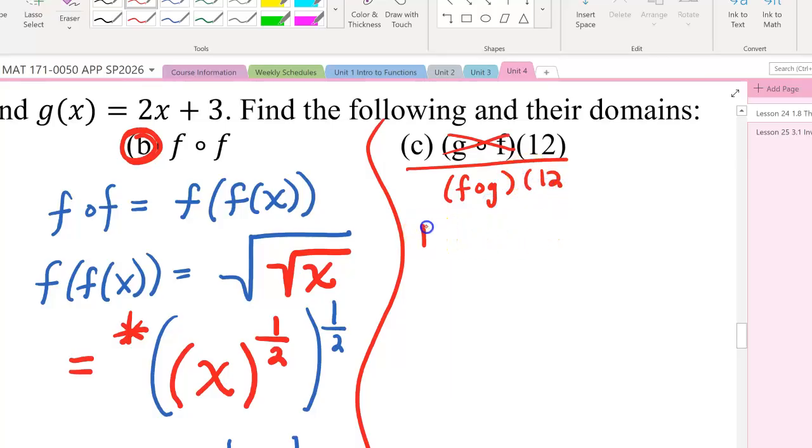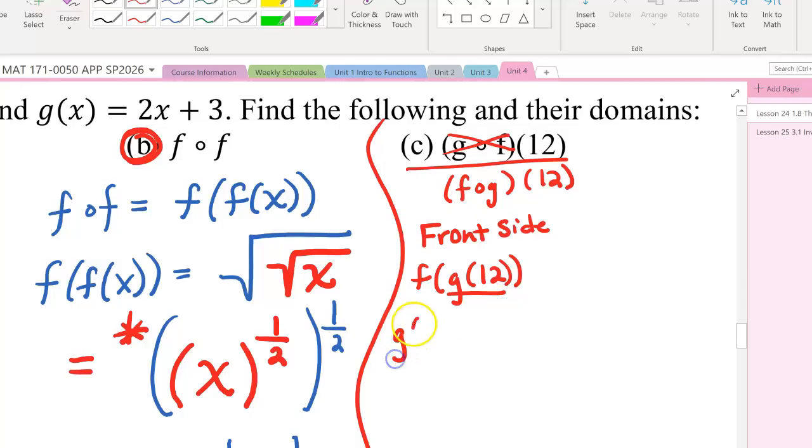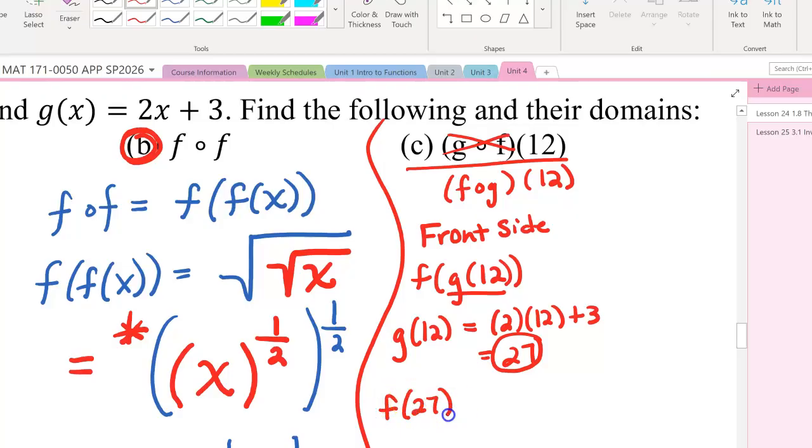All right, so if I do it the way we did on the front side, first I'm going to find g of 12, which is equal to 2 times 12 plus 3, or 27. Then you plug that into f to figure out the composition.